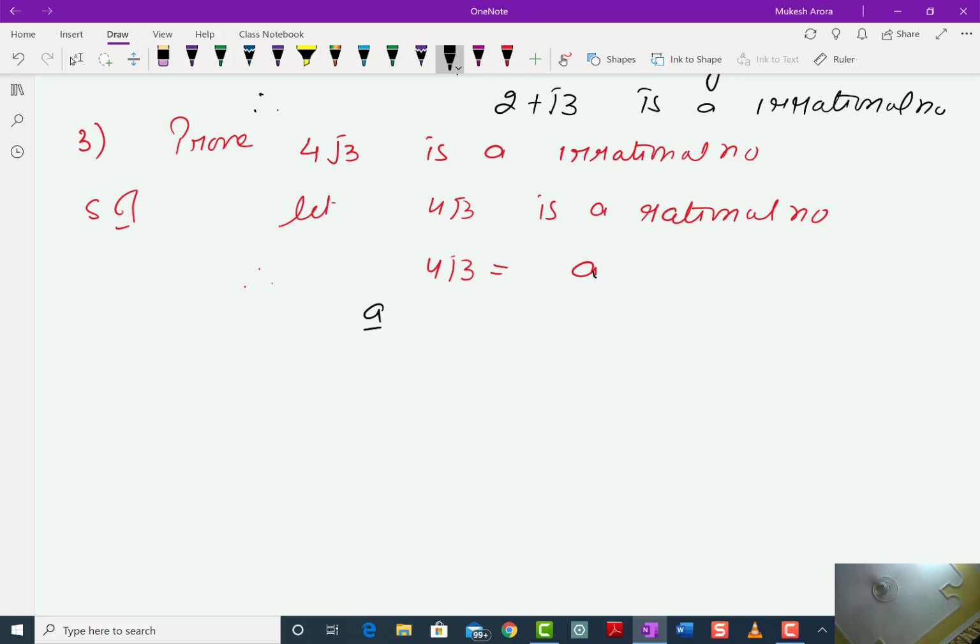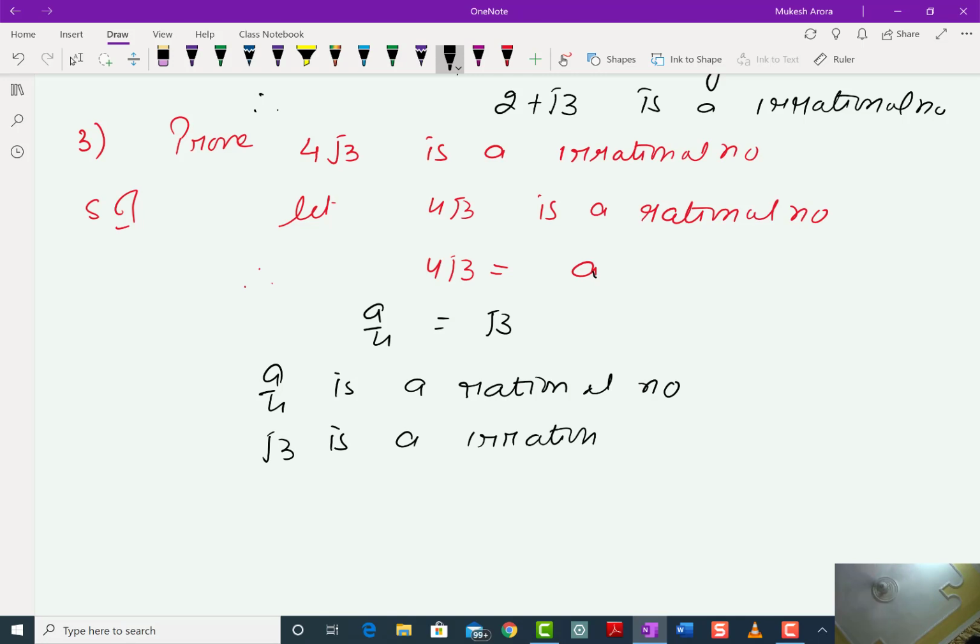So, a by 4 is equal to under root 3. Rational on one side and irrational on one side. a by 4 is a rational number, and we know that under root 3 is an irrational number. Therefore, a by 4 cannot be equal to under root 3.